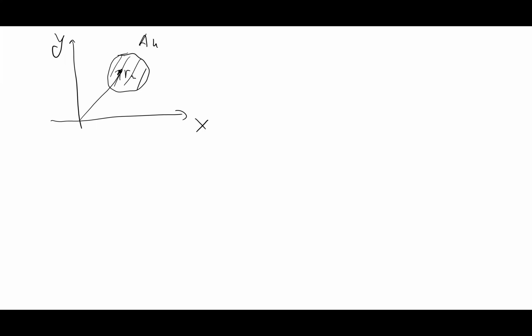For classification, it is represented like this. We have our xy plane, the position vector Rn, and assume we consider some area around Rn, which we call An.